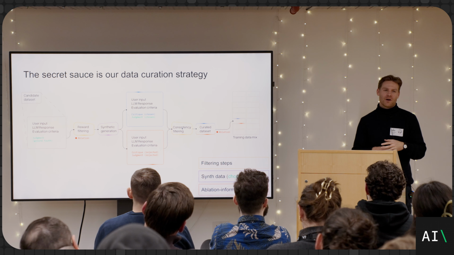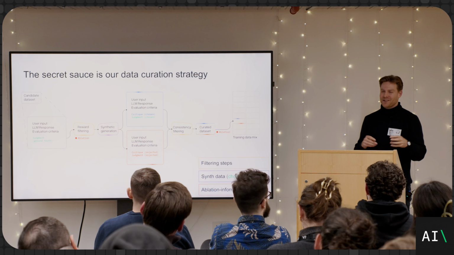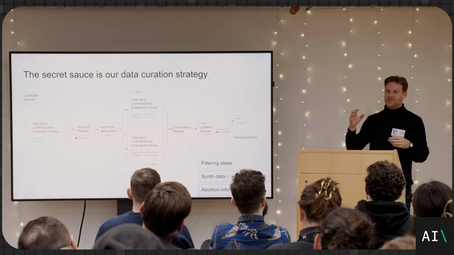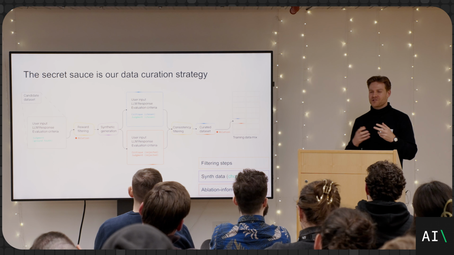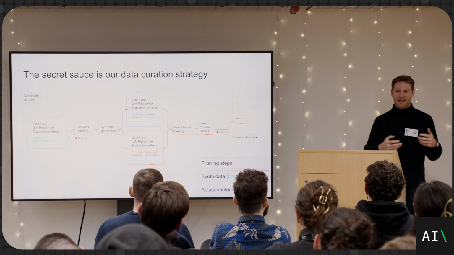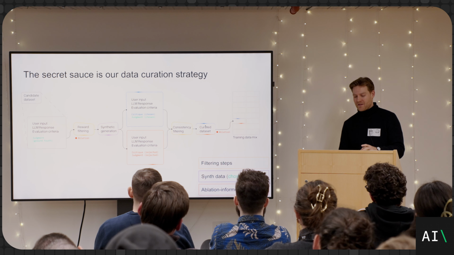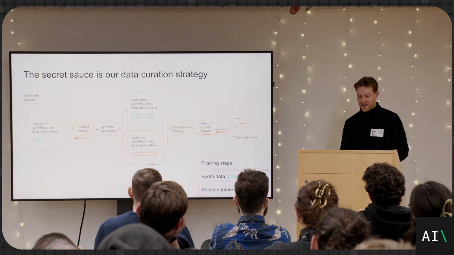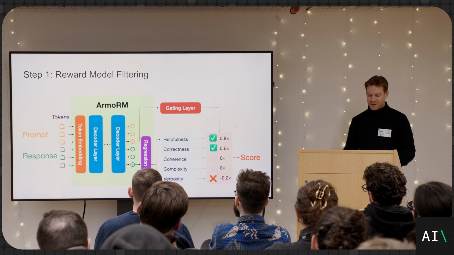We want to make sure that the score aligns with the critique, but also that the critique actually picked up on the thing being evaluated, right? If someone's evaluating for conciseness, I don't want the critique to say, oh, this is a very creative answer. That just has nothing to do with it. So we do a bunch of filtering, and ultimately we get this training data mix, which is what we train the model on.